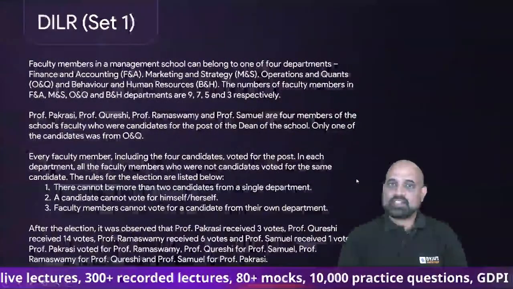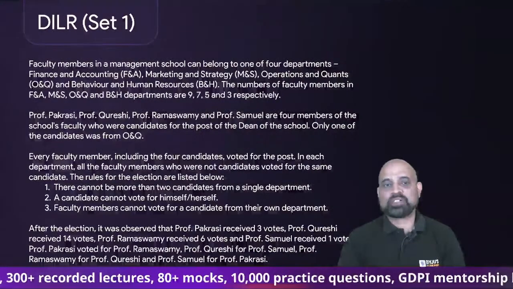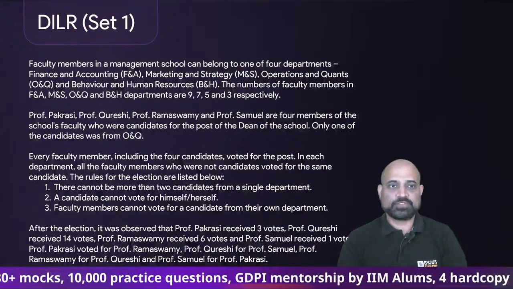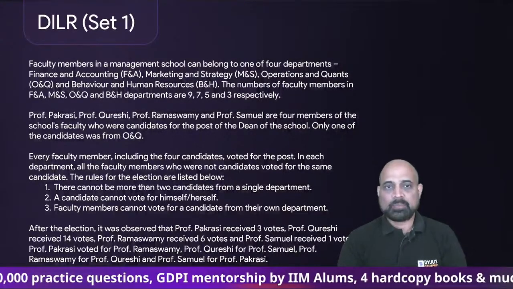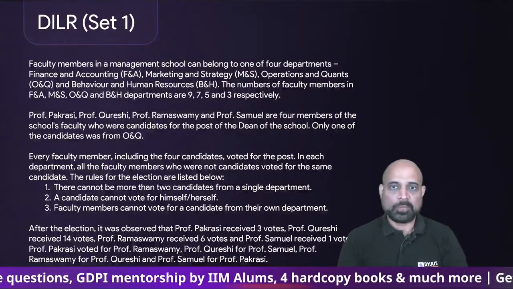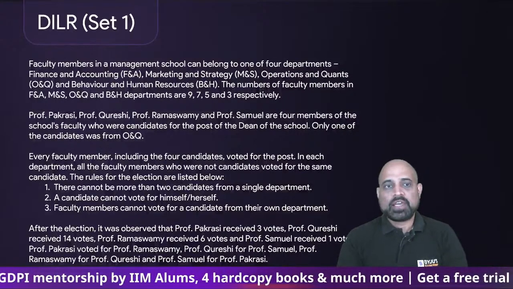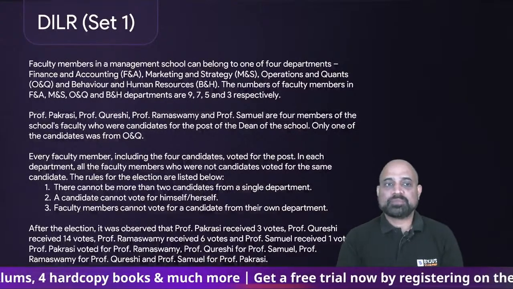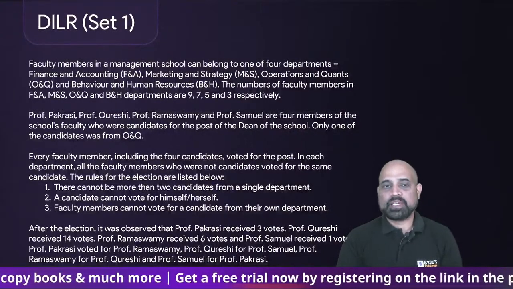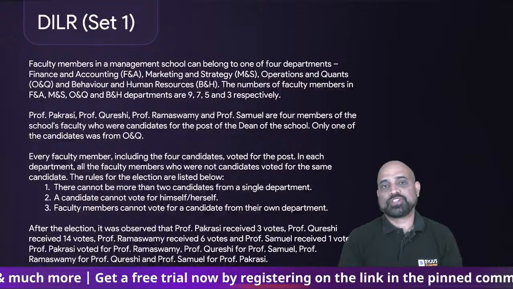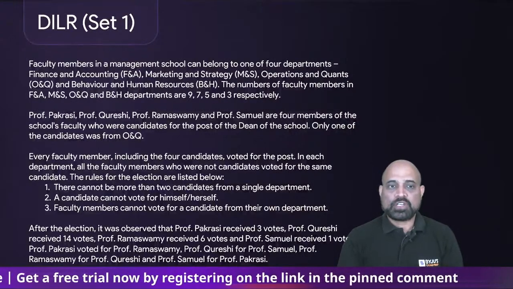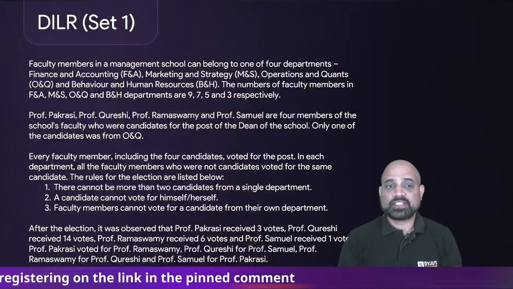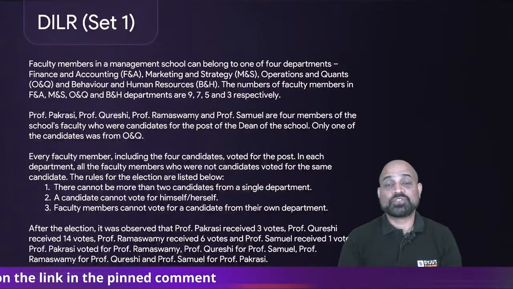So the first set: faculty members in a management school can belong to one of the 4 departments: finance and accounting, FA, marketing and strategy, M&S, operations and quants, O&Q, and behavior and human resources, B&H. The numbers of faculty members in FA, MS, OQ and BH departments are 9, 7, 5, 3. Professors P, Q, R and S are 4 members of the school's faculty who were candidates for the post of dean of the school.